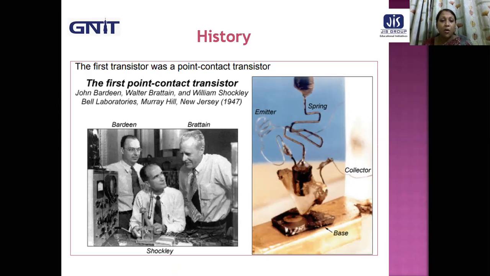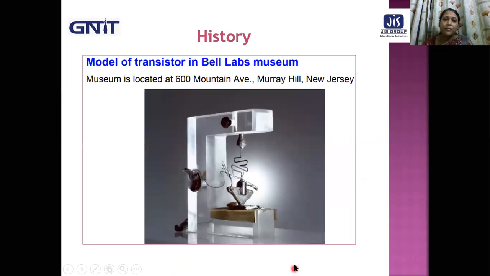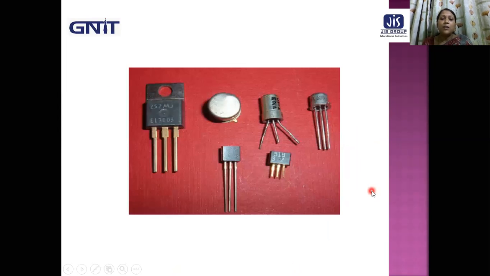This is one of the original pictures of these three scientists, and this is the picture of the first developed point contact transistor kept at Bell Laboratory. These are a few examples of transistors. Different types of packaging have been done here.